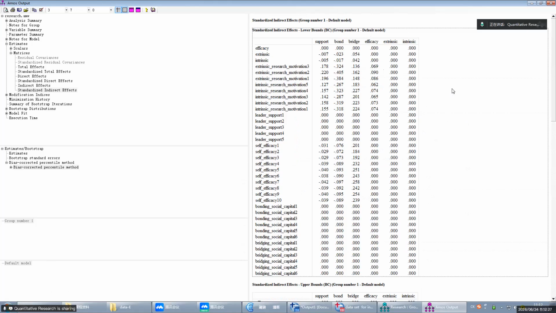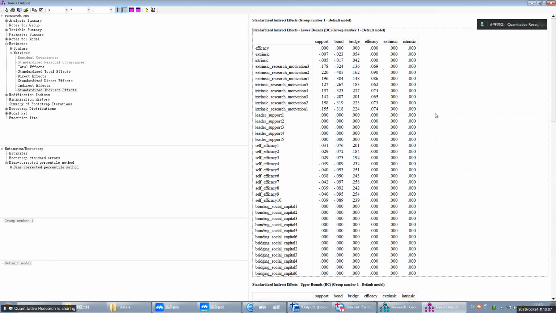For example, support to extrinsic motivation. What is the lower bound? Minus 0.07, right? This is the lower bound.